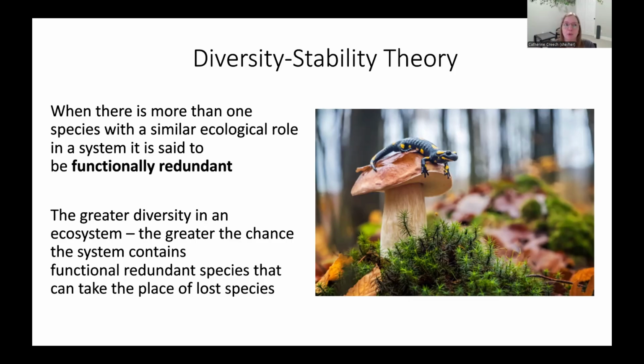So if you only had one decomposer and the decomposer died off for some reason, that ecosystem would be in big trouble. But if you have more than one decomposer, they're functionally redundant, then you can have variations in who is being the most efficient decomposer given the situation that your environment is in.